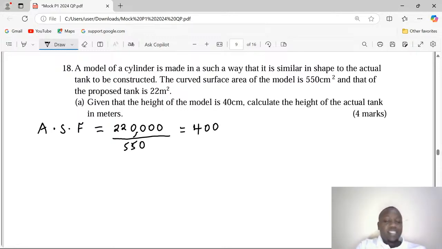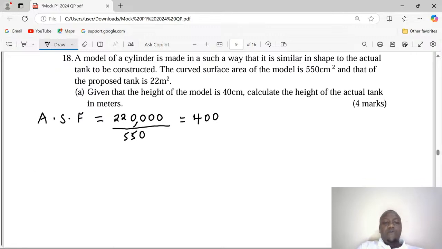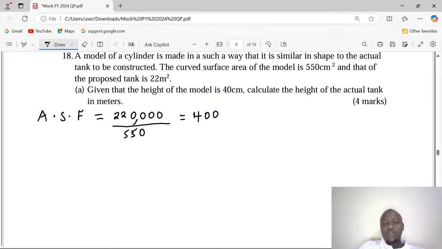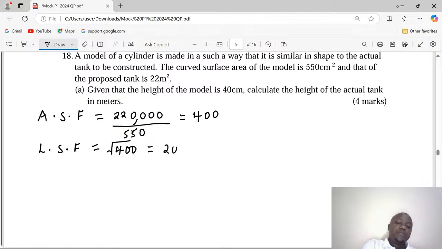Now, area scale factor being 400, it means we can get the linear scale factor, because we are talking about the heights now. Height is a linear measurement. So the linear scale factor is going to be the square root of the area scale factor, which is exactly 20.